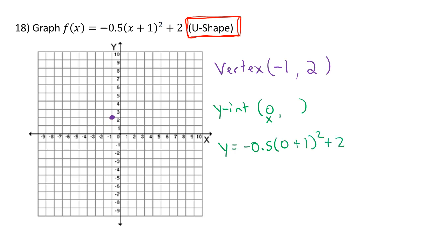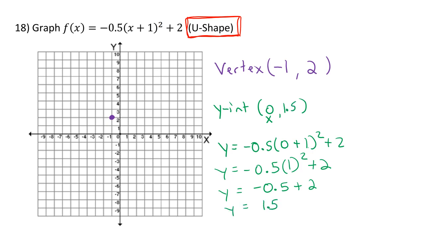And then I'm going to solve the problem. 0 plus 1 is 1. 1 squared is 1, and so 1 times -0.5 is -0.5, and then we have our +2, and then we just combine, and so we're going to get a 1.5.